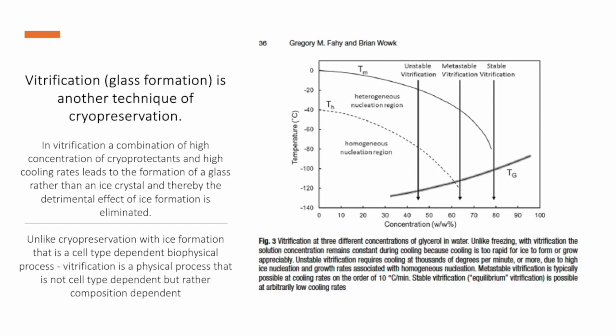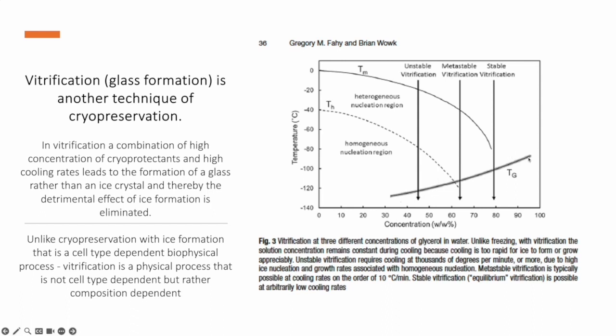Then you have this metastable state, in which the water in the solution ends up being thermodynamically supercooled. But if you go fast enough so that ice crystals do not form, then again, at low temperatures, this is the so-called glass formation curve. This is the temperature at which glass formation occurs at different concentrations.